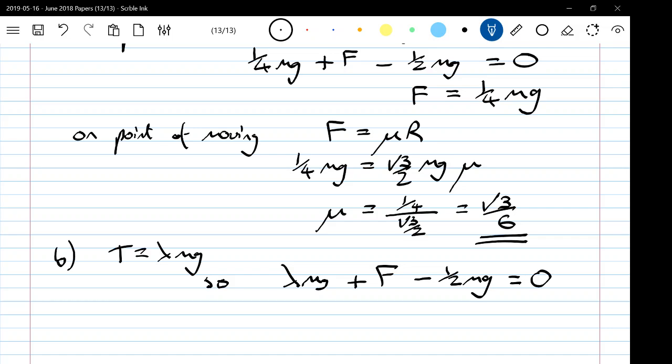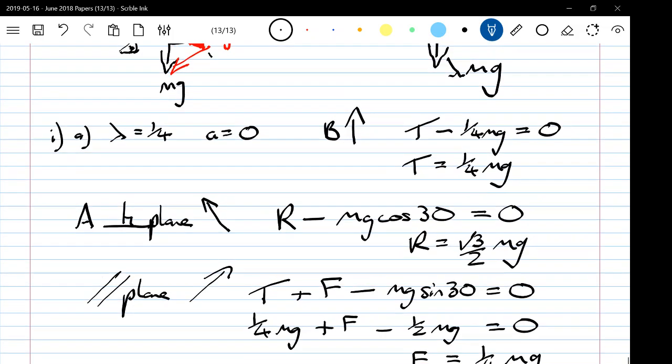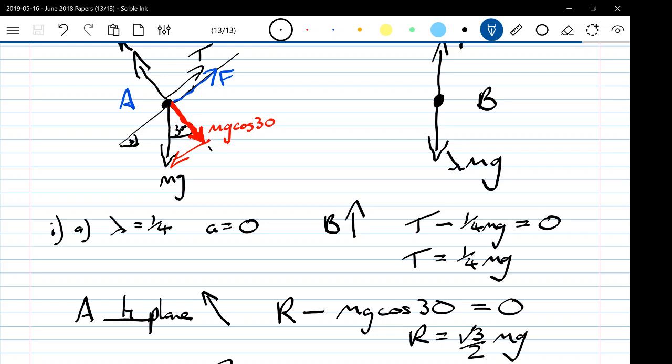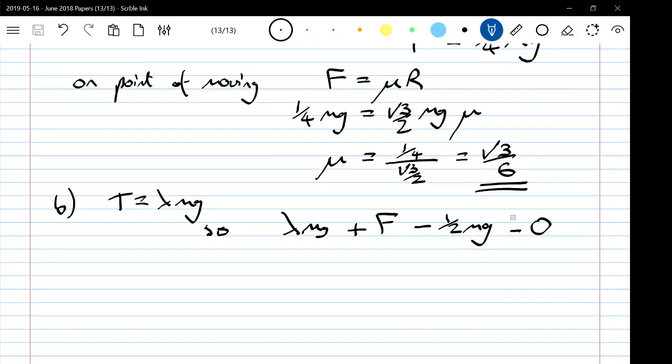Now, in order for this to be on the point of moving down the plane, that frictional force would have to be greater than 0. So F would have to be greater than 0. And we've just got that F is a half mg minus lambda mg.